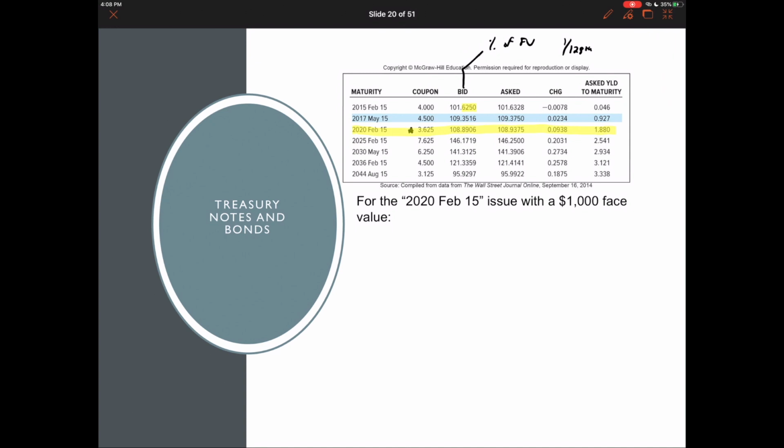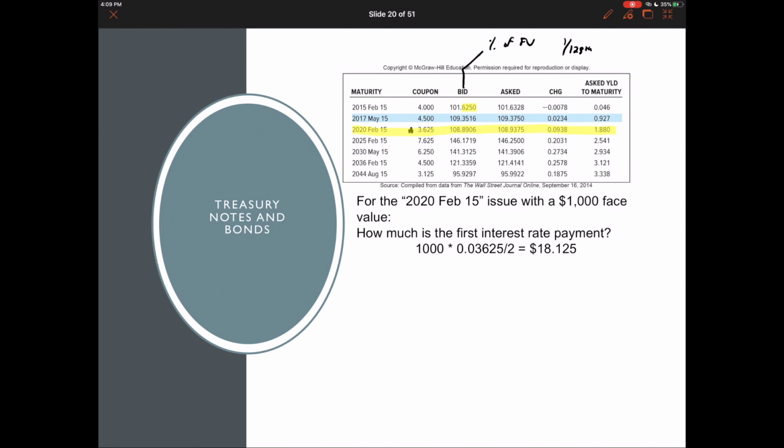That is 3.625% of face value, but it's paid semi-annually. So we take the $1,000 of assumed face value, and we multiply it by 0.03625, 3.625% as a decimal, and we divide it by 2 since it's paid semi-annually, and so it's going to be 1.8125% of 1,000, which is $18.125.